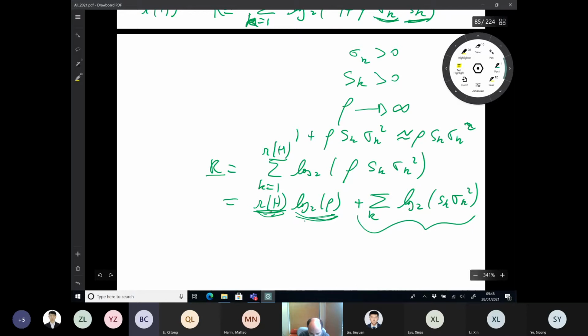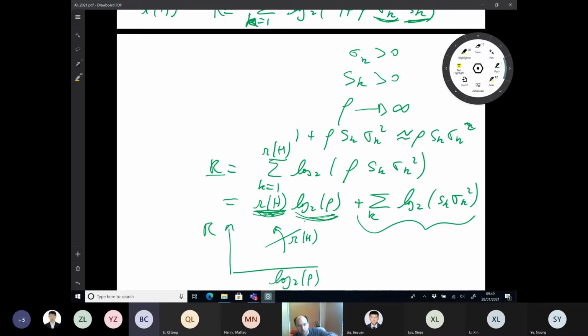And the pre-log factor of the rate is the rank of H. So what that means, if I draw rate versus log 2 rho, the slope of the rate versus the SNR is proportional to the rank of H. If I can increase the rank of H, at high SNR my rate will increase linearly with the SNR, and the higher the rank, the higher the increase.